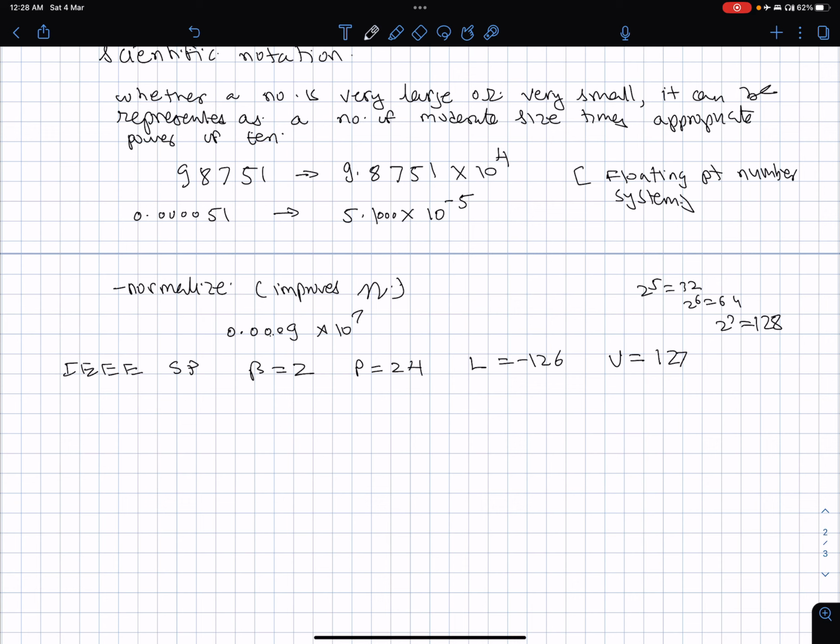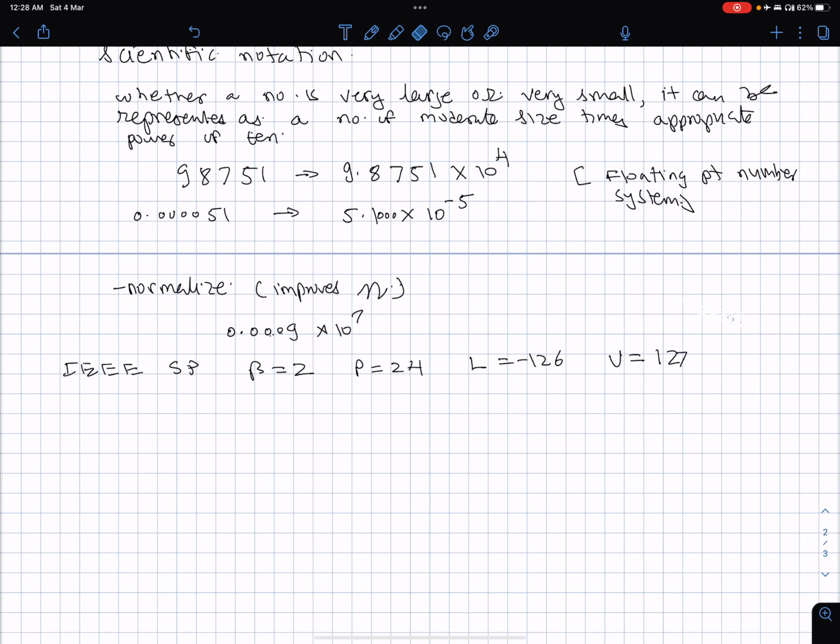So basically an 8-bit, which is a byte, you are keeping here for representing the exponent. And I think in a 2's complement system, the range will be from minus 126 to 127.